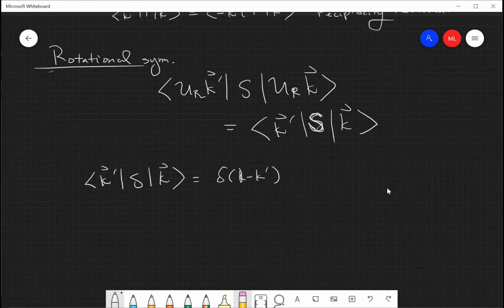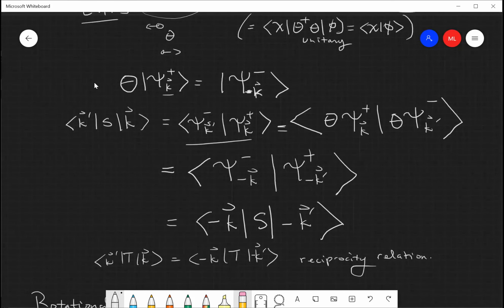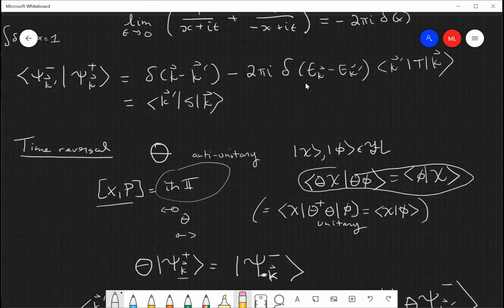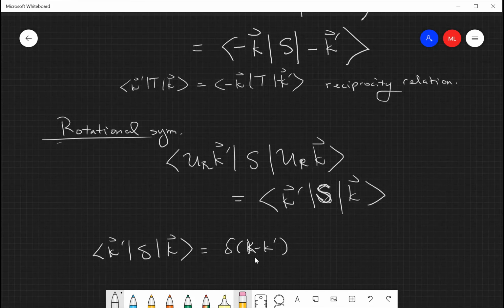Remember that these S matrix elements are on shell, so the energies are the same for k and k prime. The magnitudes of the k vectors have to be the same. So the whole thing must be proportional to a delta function in the magnitudes of k and k prime. That's just energy conservation.